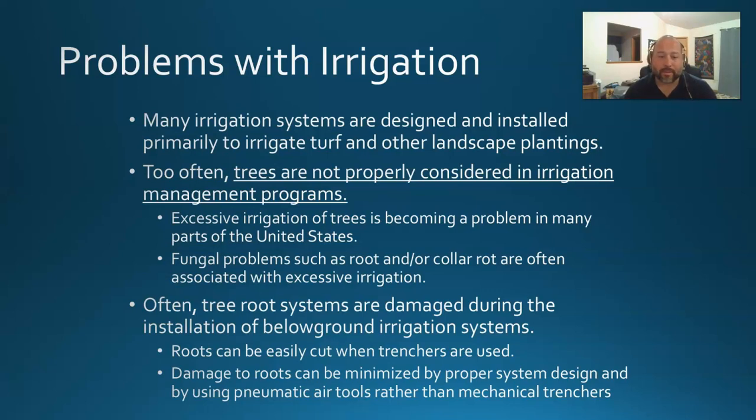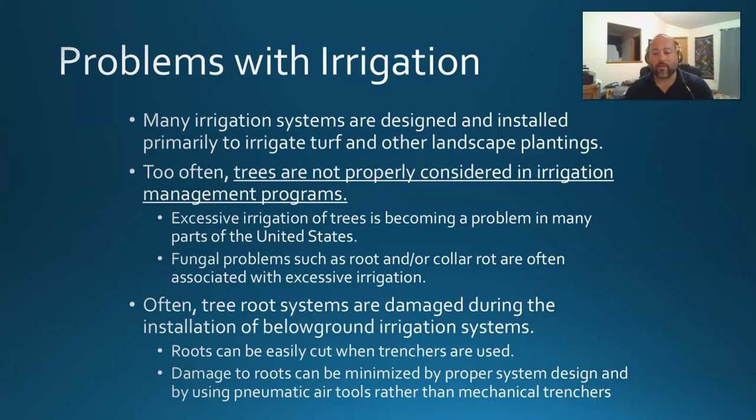So sometimes you get excessive irrigation, which leads to fungal problems in the root or the collar. Tree root systems can also be damaged because your irrigation systems are below ground, so your roots could be easily cut when trenched, and you just really want everything to be done right.